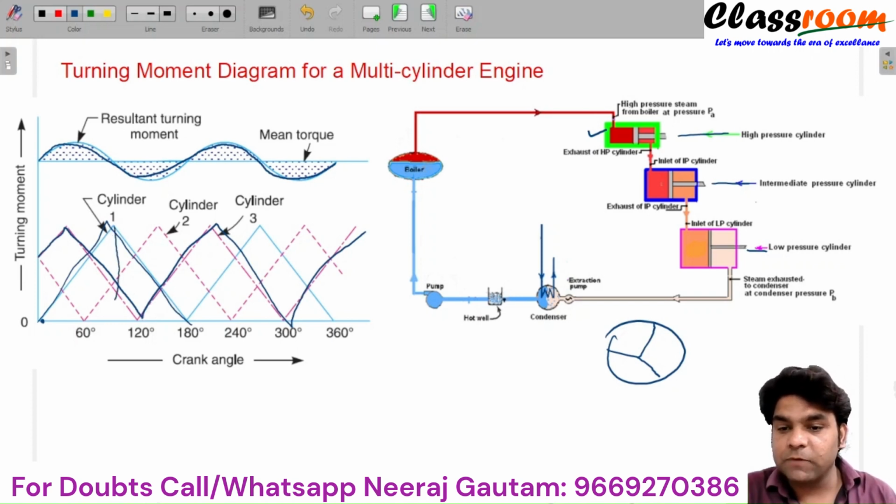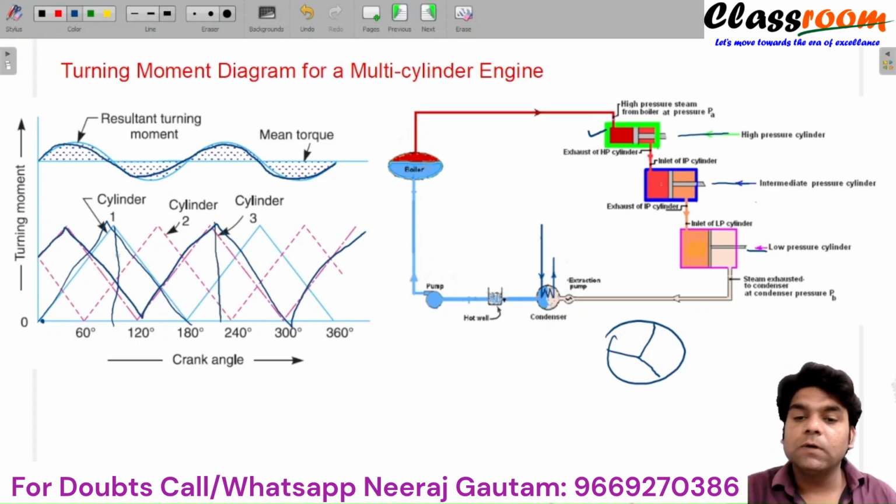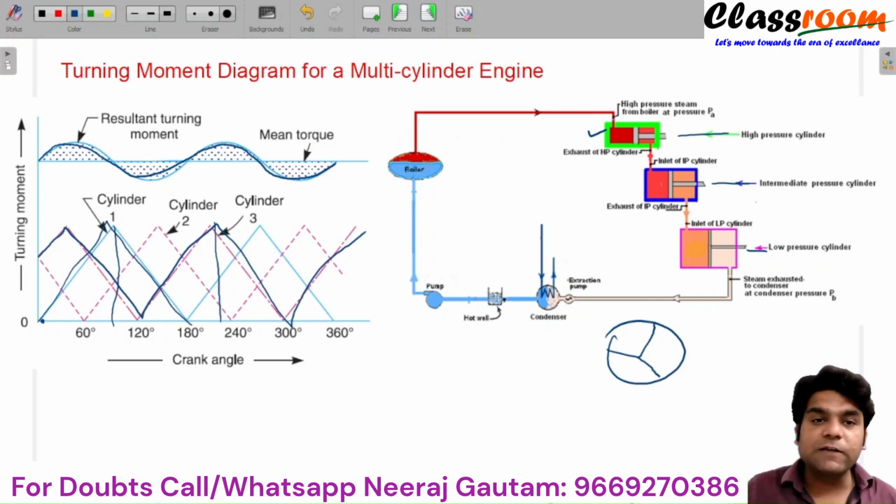You can see here the two cylinders have some difference. So in this manner, we completed the turning moment diagrams for different cylinders.